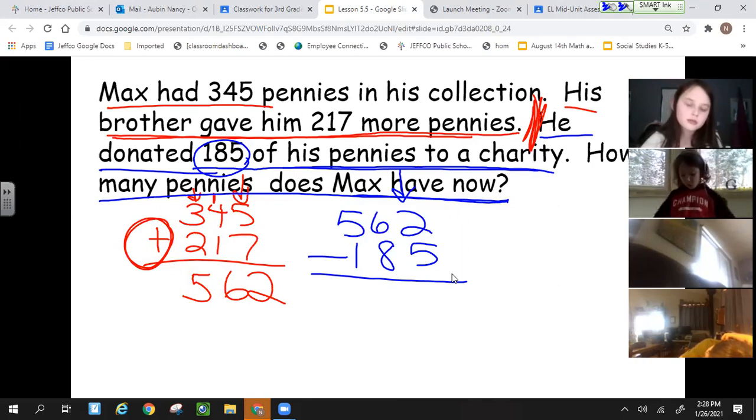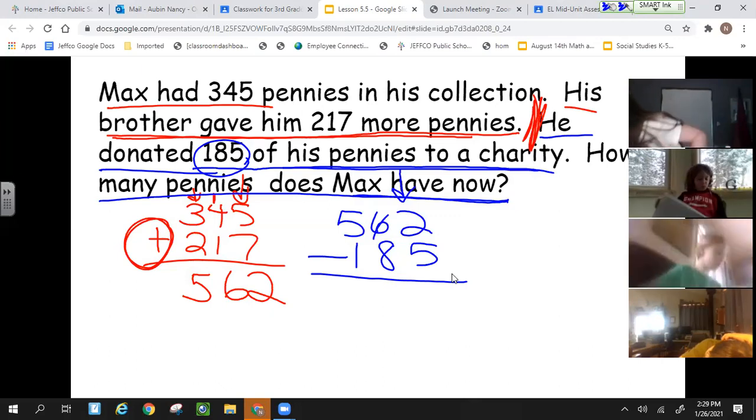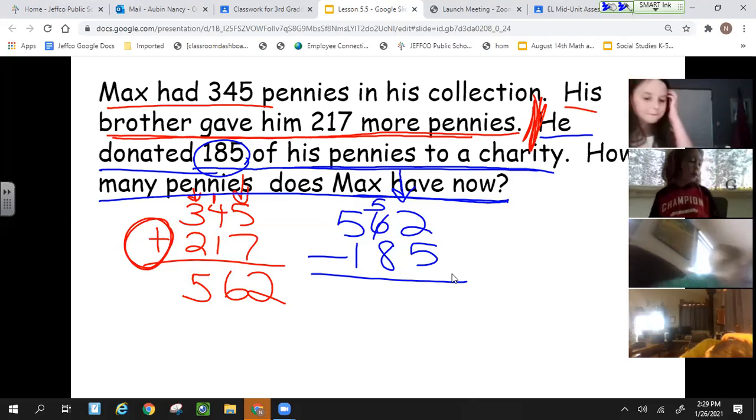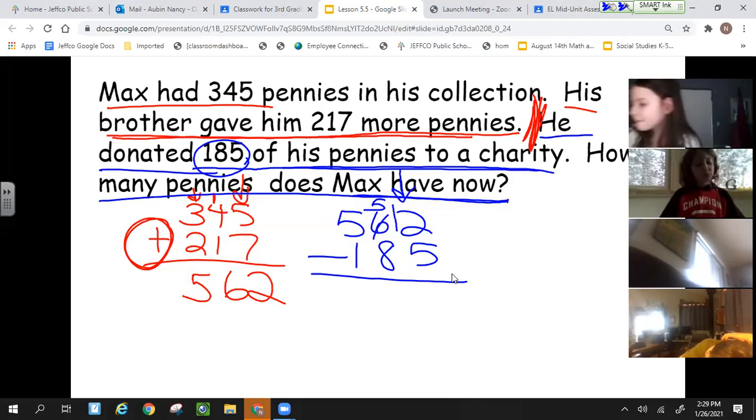Need to minus, cross out the 6. Yeah. And then, if I take 1 away from 6, what will I be left with? 5. And then what do I do with that 10 that I just took away? Add it to the 1, to the 2?